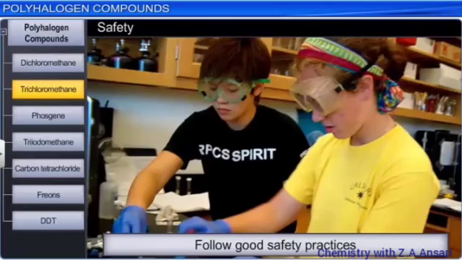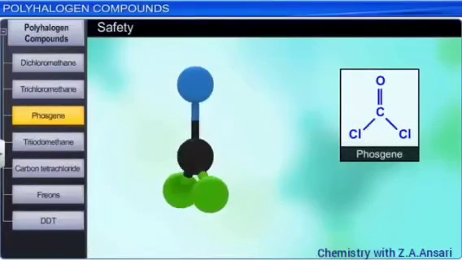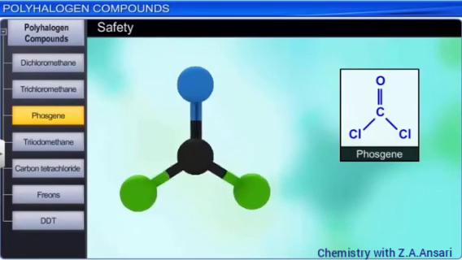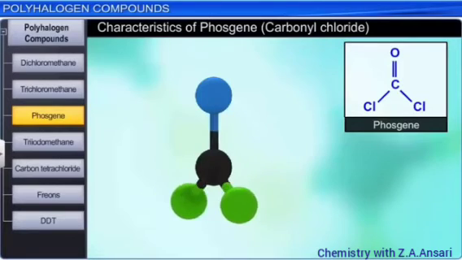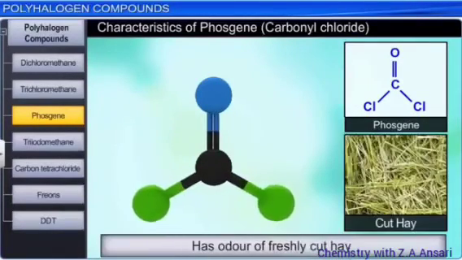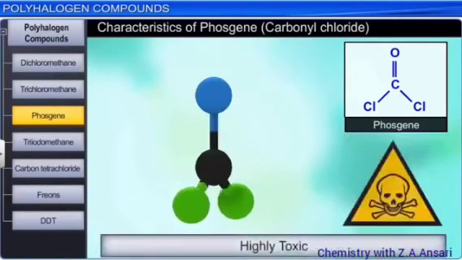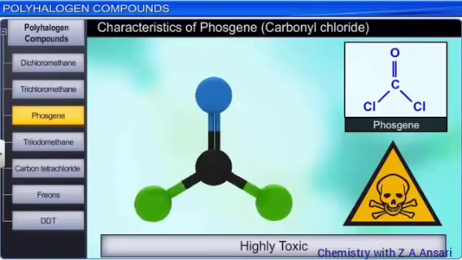There are simple tests that you can carry out to determine the presence of phosgene. Phosgene, or carbonyl chloride, has a characteristic odor of cut hay. It is highly toxic.